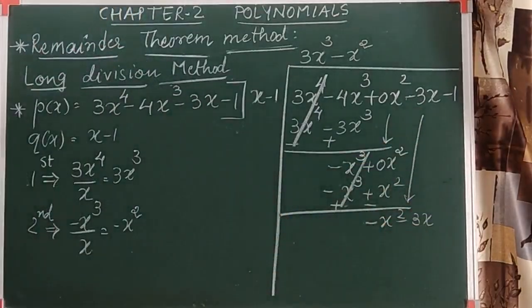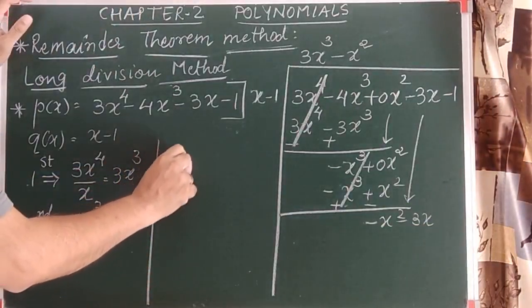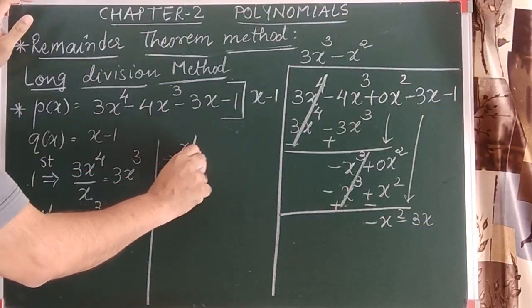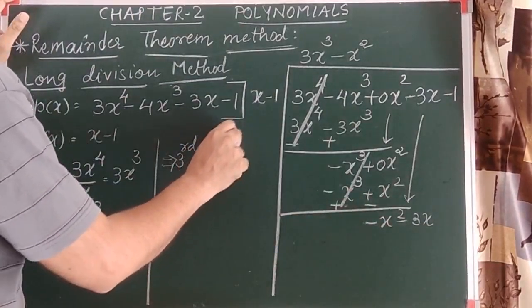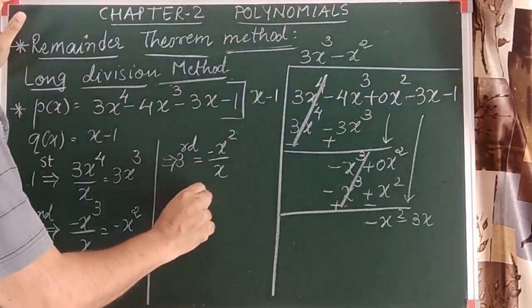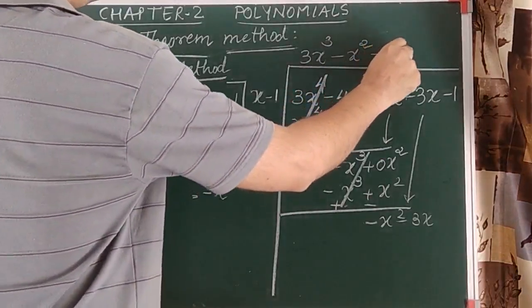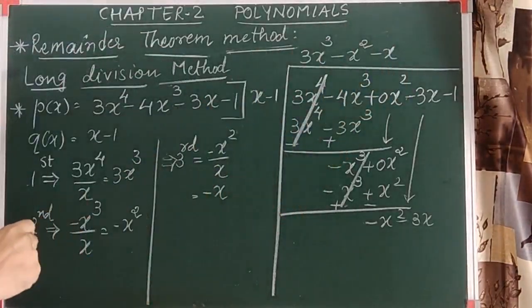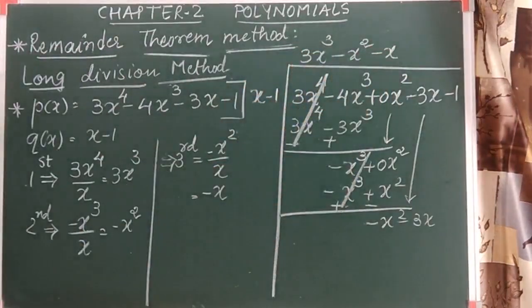Now this is another dividend term. Let's get the third term of the quotient. Again, the first term of the dividend should be divided by the first term of the divisor. Dividend, divisor. So it comes minus x again. So it's minus x. Now if you observe the quotient polynomial, you can see that the powers are coming in descending order.